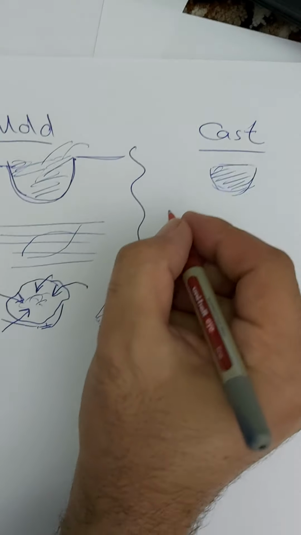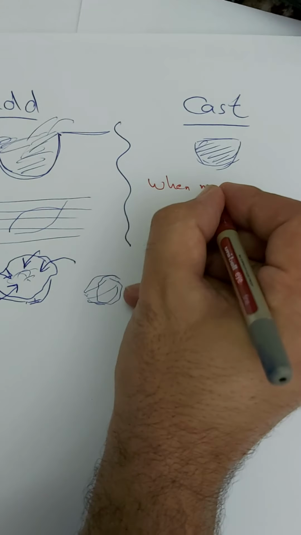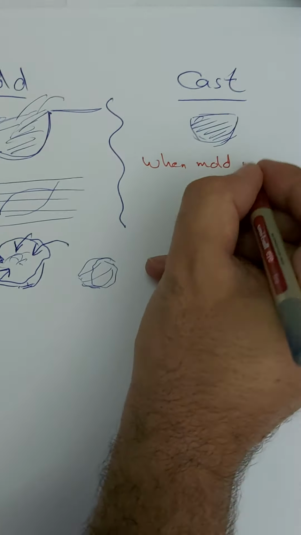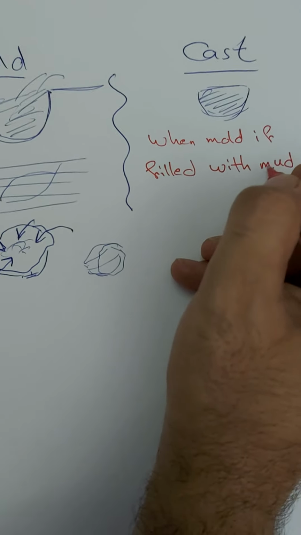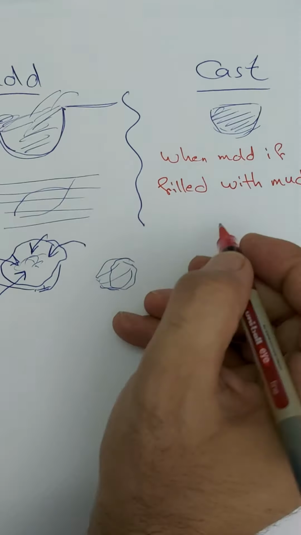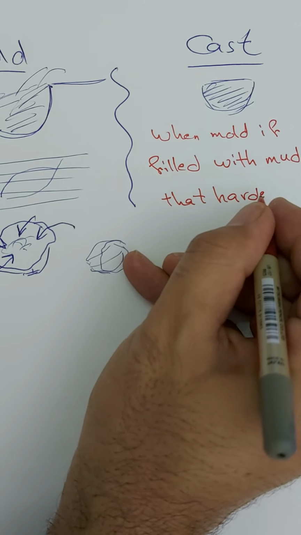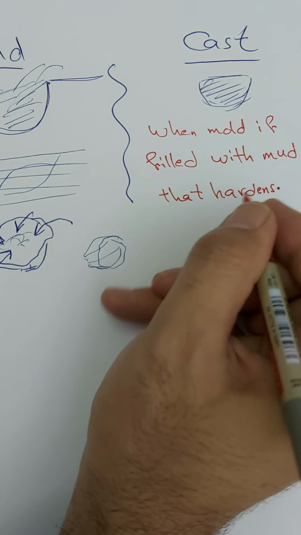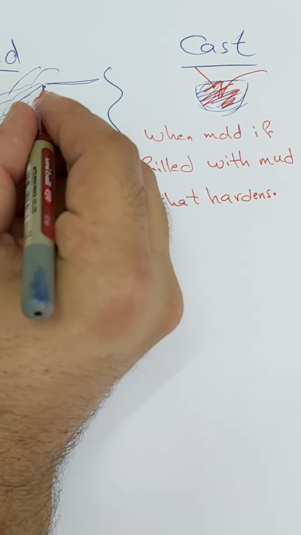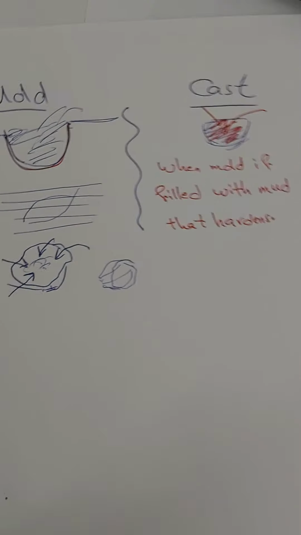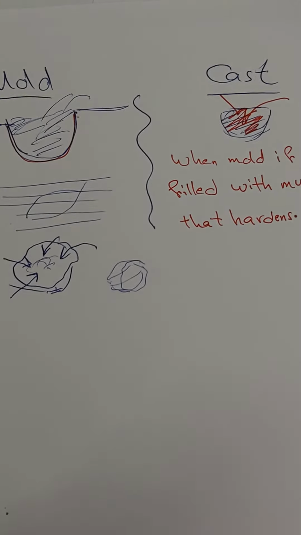Cast means when the mold is filled with mud, okay, that hardens. Okay, here the cast, and this the mold.